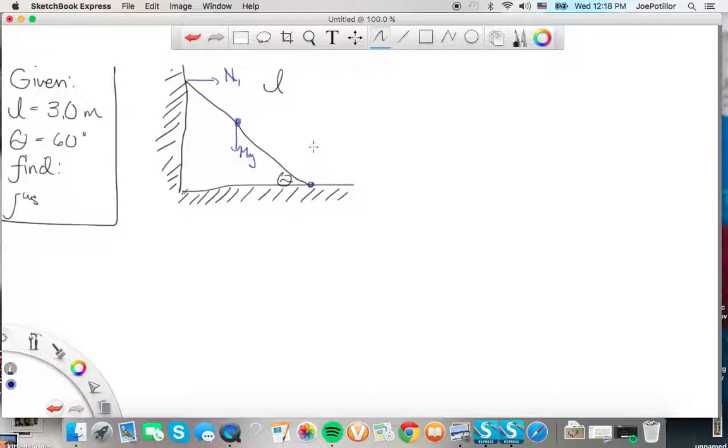And then we know there's a normal force here, N2, and there's a force of friction pointing inward.